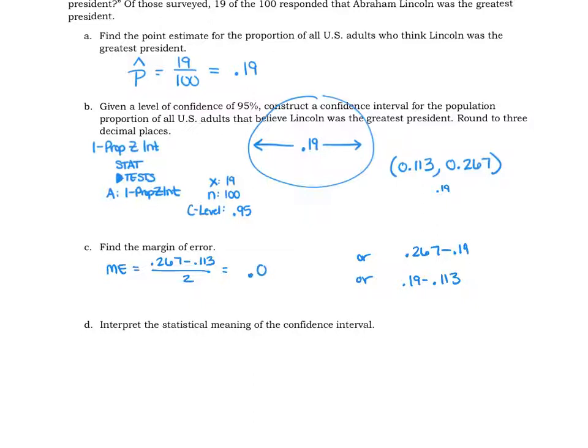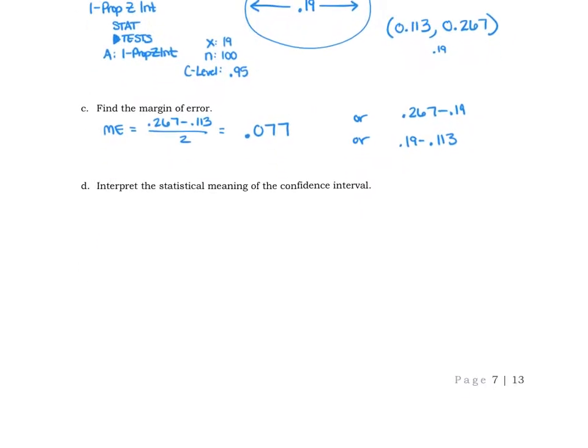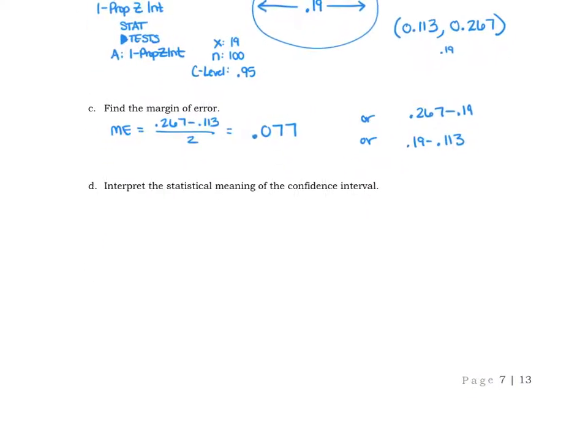Regardless, you will find that your margin of error is 0.077 or 7.7%. I'm not trying to confuse you, but when you know what p hat is and you know p hat is in the middle, it might be easier to do one subtraction than to subtract and divide by 2.